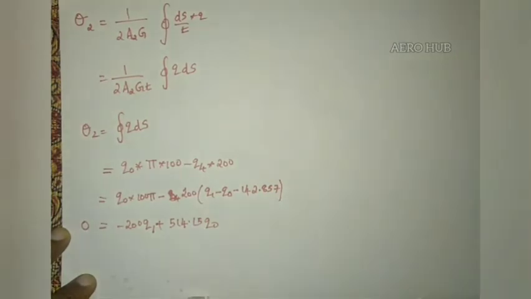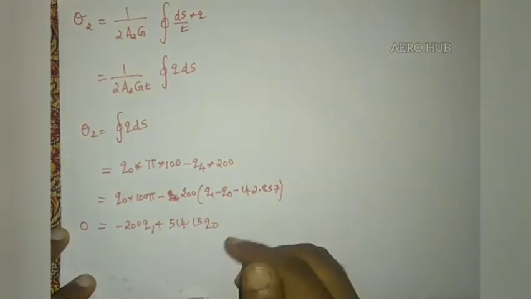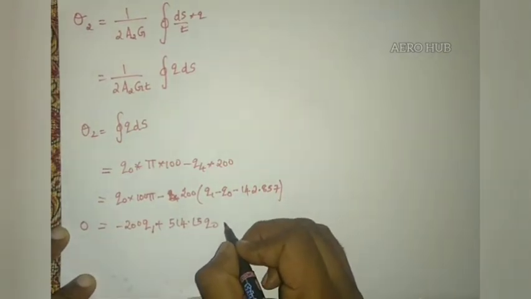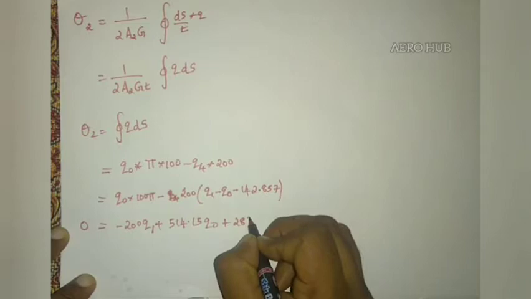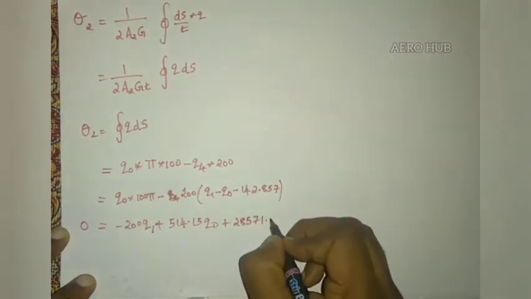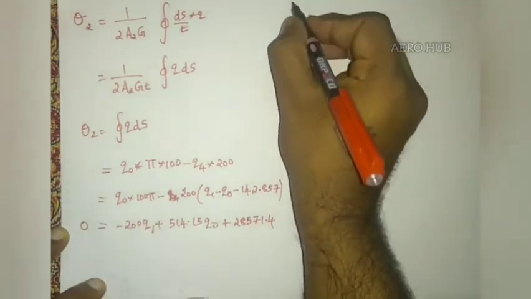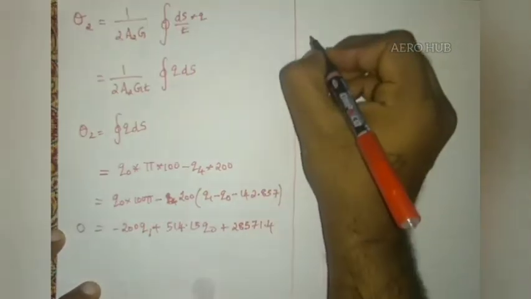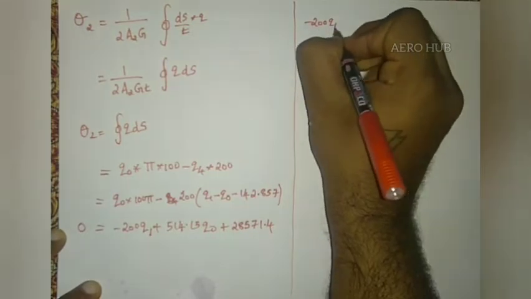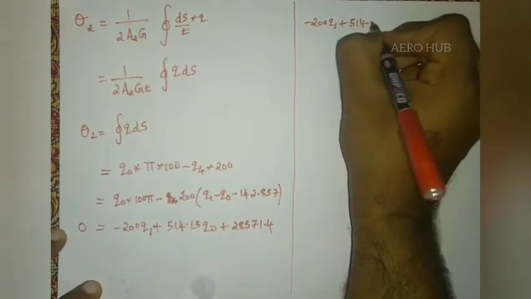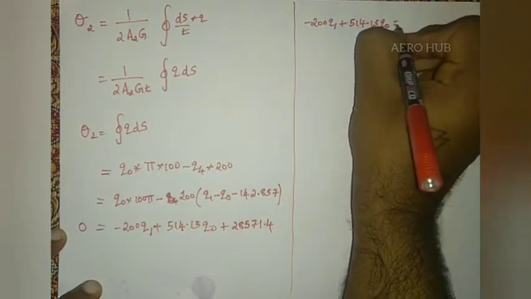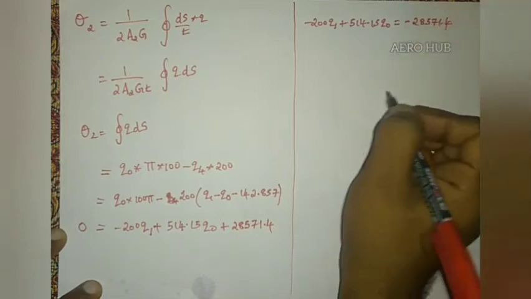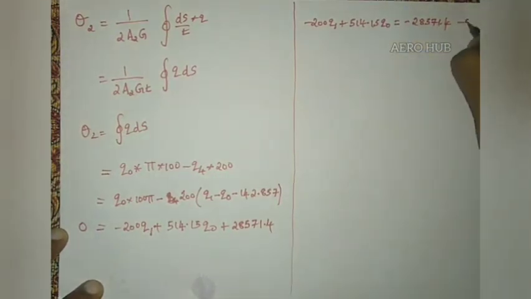Solving this equation and writing it takes a lot of time, so I am writing the answer here. So minus 200 Q1 plus 514.15 Q naught is equal to minus 28571.4. Okay, this I'll put as equation number 5.